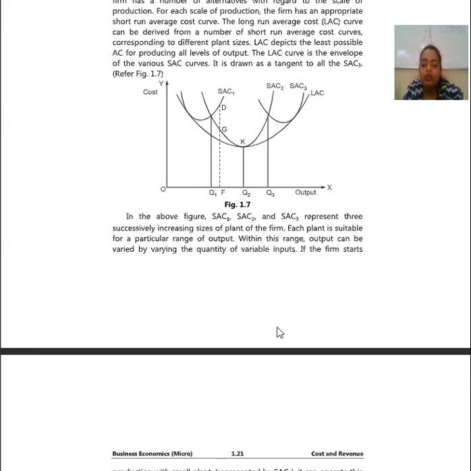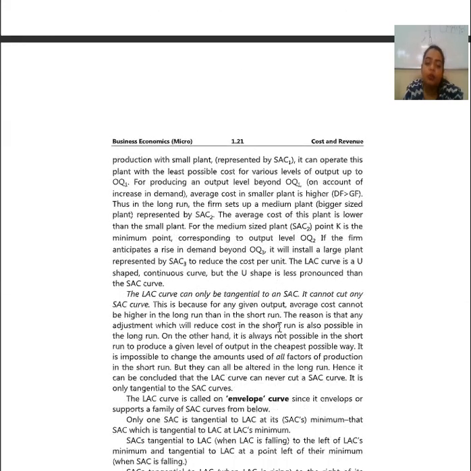Within this range, output can be varied by varying the quantity of variable inputs. If the firm starts production with a small plant represented by SAC1, it can operate this plant at the least possible cost for various levels of output up to OQ1.